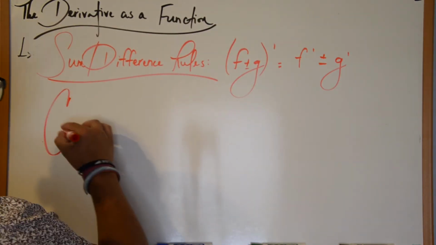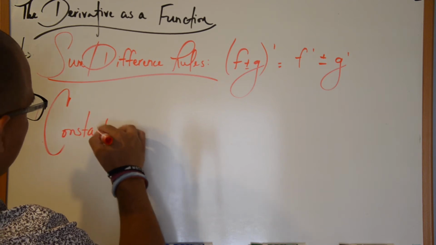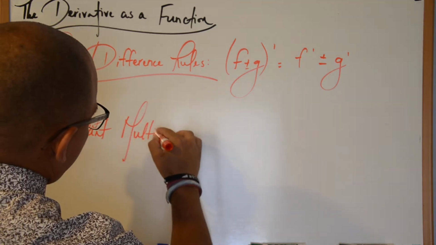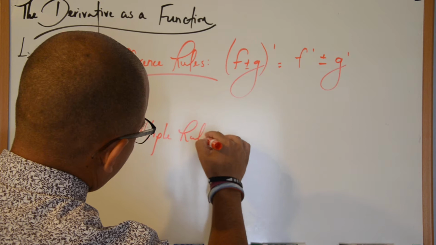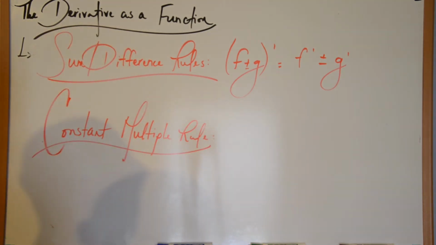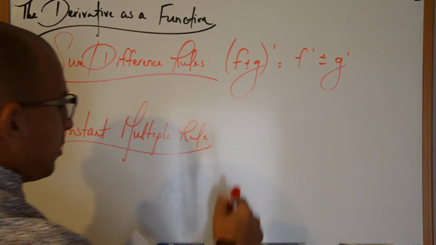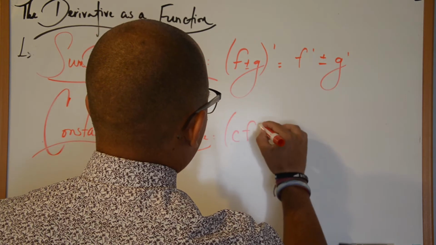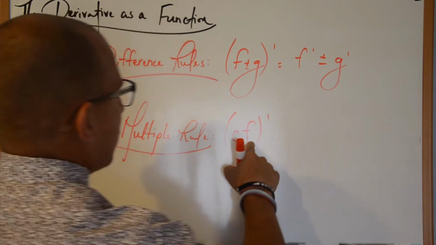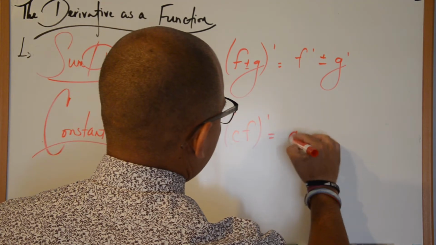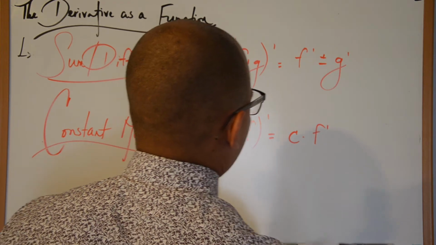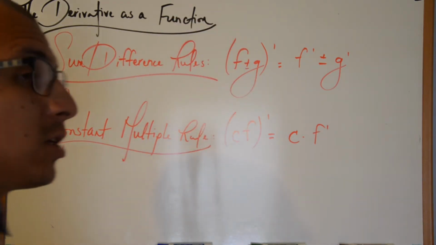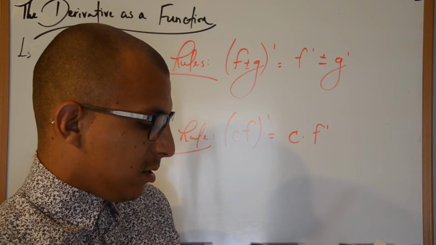In addition to our constant multiple rule, this one's a good one to always have in your back pocket, which says if we have a constant times a function that we want the derivative of, we can multiply the derivative of the function times the constant, because remember, the derivative of a constant is 0.